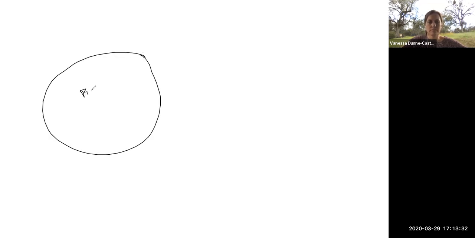Okay, B cells have on their surface a couple of different things. So they have B cell receptors, which are in the form of an immunoglobulin. Immunoglobulins look like this.